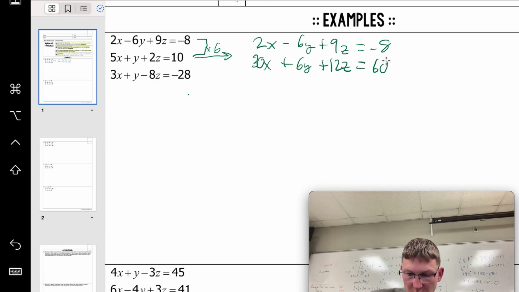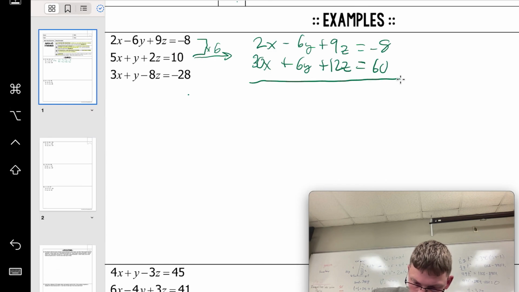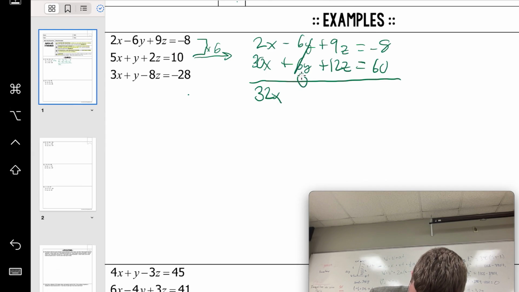So then we're going to use the process of elimination. We strategically picked to make sure that both of those signs are opposite, so they will drop out or get eliminated. So we're just going to add everything together. So then we've got 32x. Those cancel out to 0.